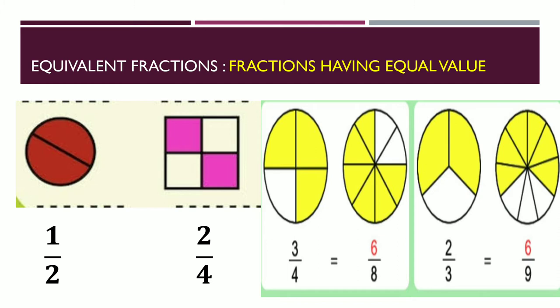So, we get the fraction 6 upon 8 by dividing again. 3 upon 4 and 6 upon 8 are equivalent fractions. If we see the figure carefully, you know the change.